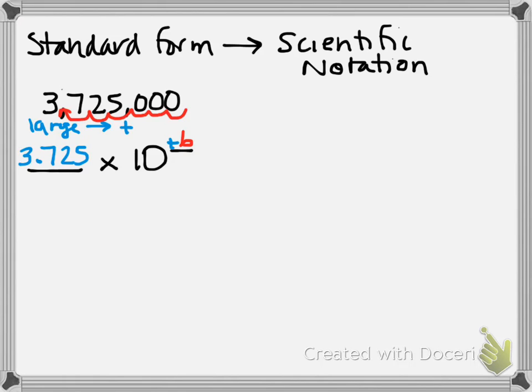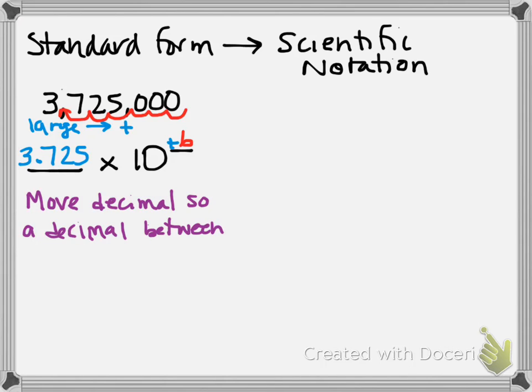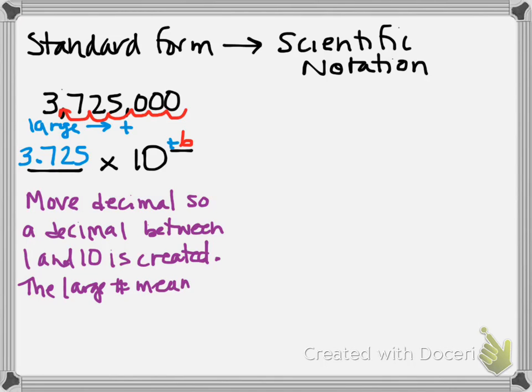Okay? So let's write out in words what we just did. So we move the decimal point so a decimal between 1 and 10 is created. The large number means a positive exponent.